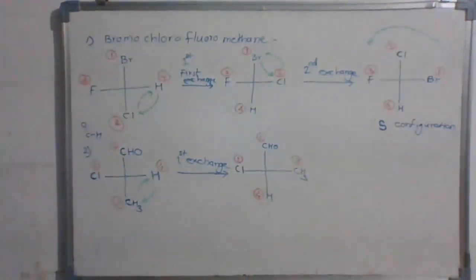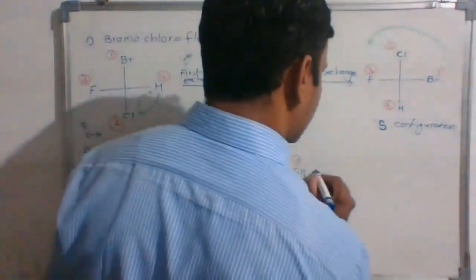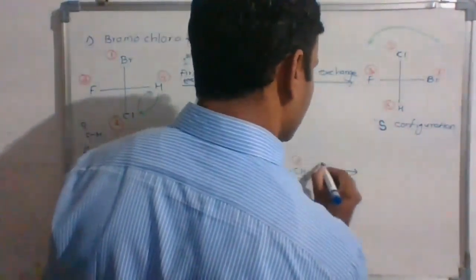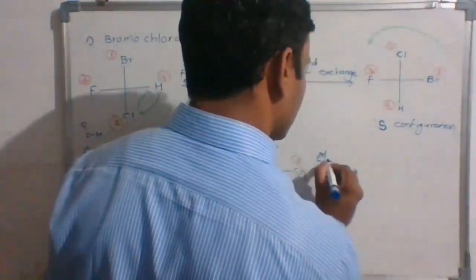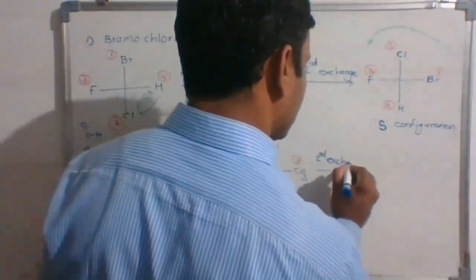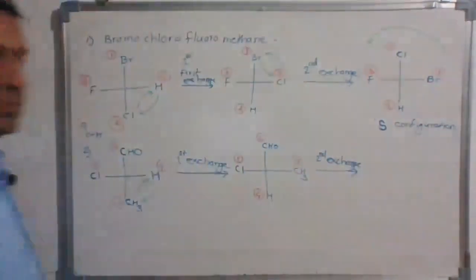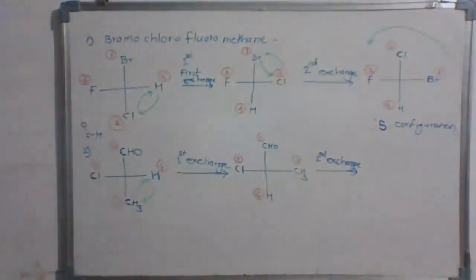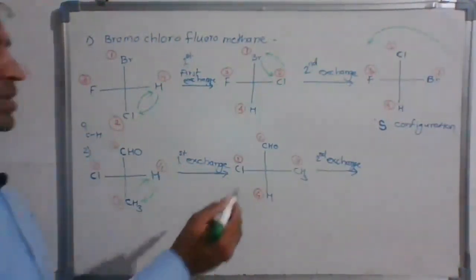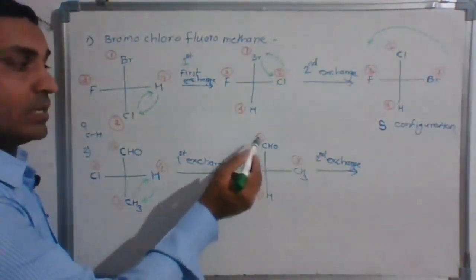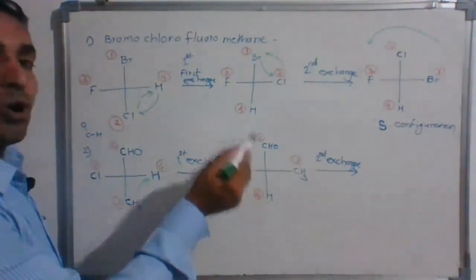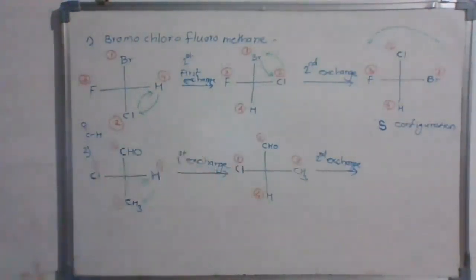Now let us do the second exchange. What is done in the second exchange? We take the second priority group at the top. But see here, second priority group is already at the top.